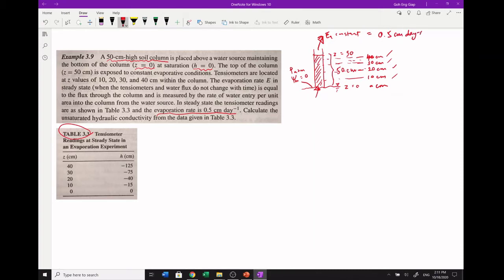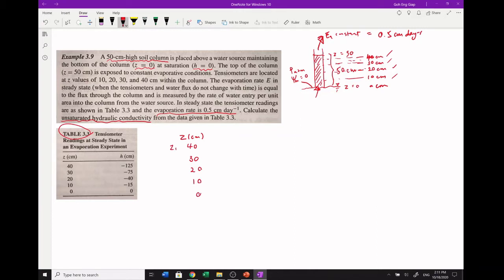All right, so what we need to do here is calculate the unsaturated hydraulic conductivity from this table given at steady state. So what can we do? We plot it again. Centimeter, 40, 30, 20, 10, and 0.